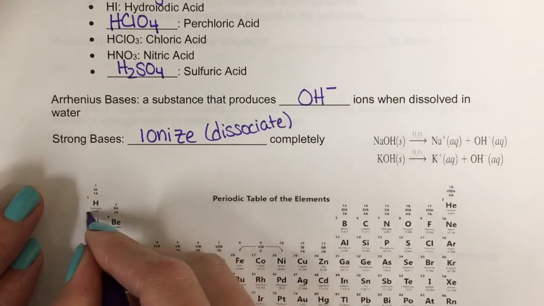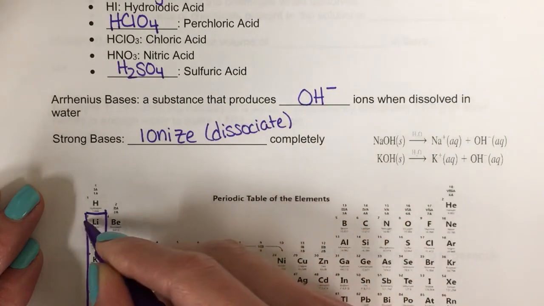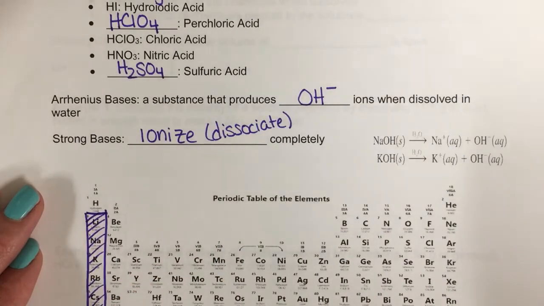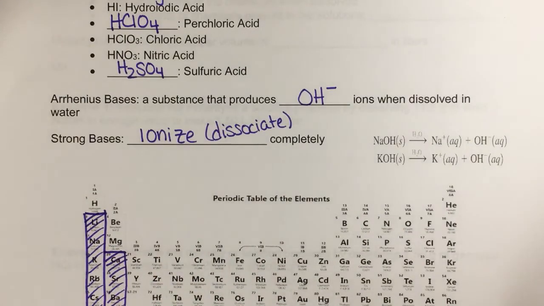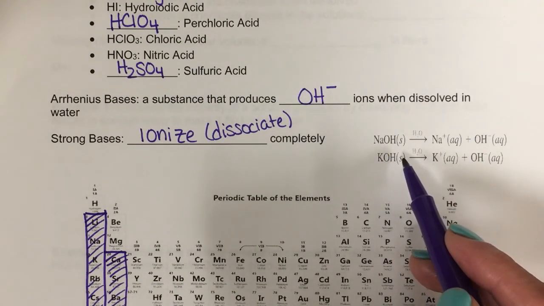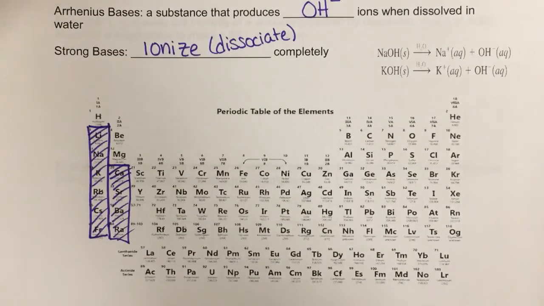They're going to be our alkali metals, so everything in that first group except for hydrogen. They're also going to be our alkaline earth metals except for beryllium and magnesium, so from calcium down. And they will have to be partnered up with OHs. So NaOH, KOH, Ca(OH)2, Sr(OH)2, but they'll be partnered up with a hydroxide ion.